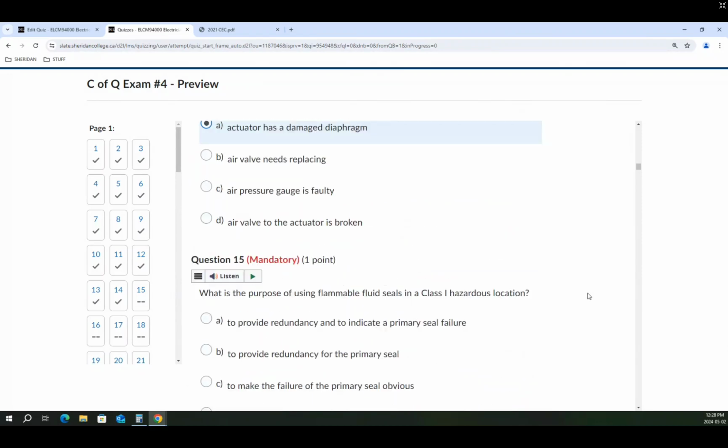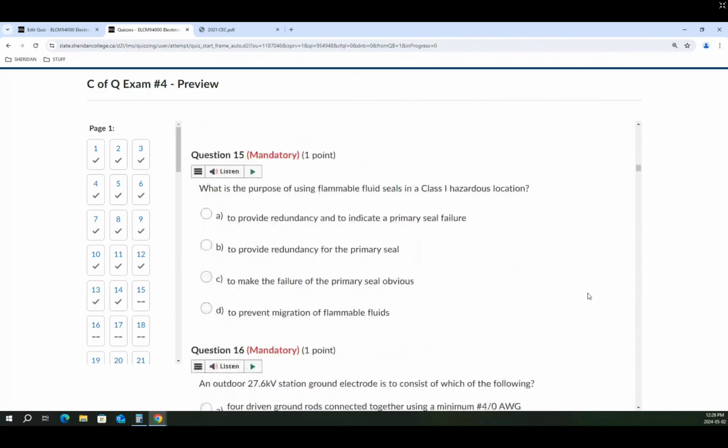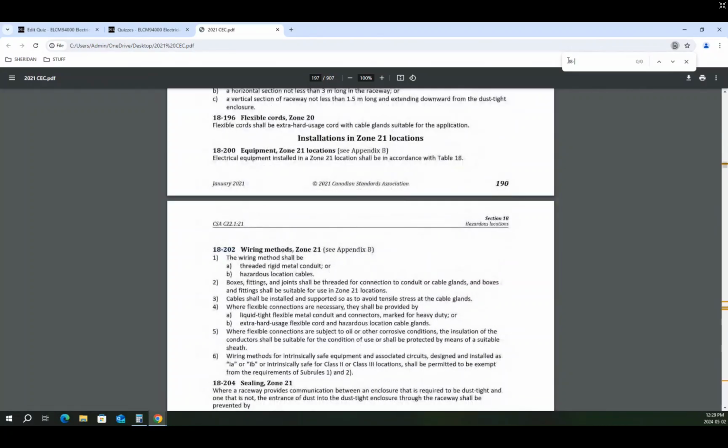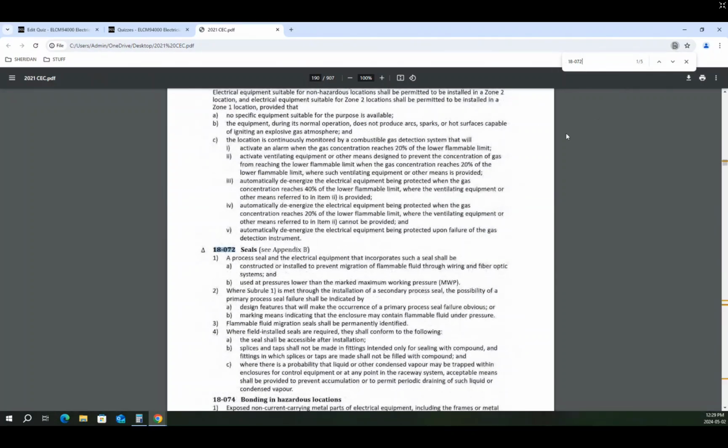15. I did 14. Yeah. 15. What is the purpose of flammable fluid seals in a class 1 hazardous location? So I'm going to go to section 18. Seals.